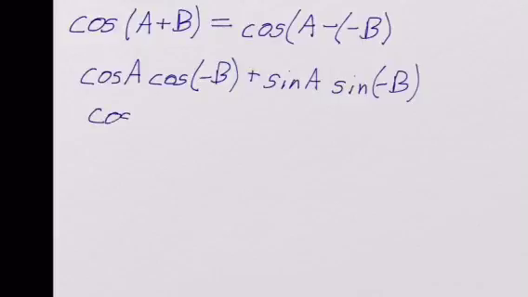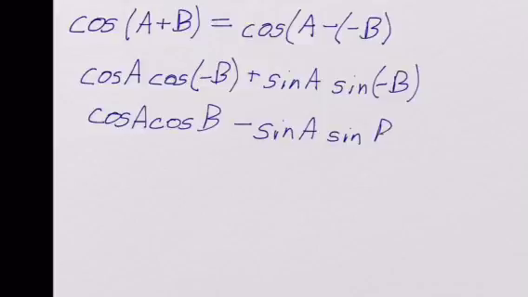Cosine of negative b is equal to cosine of b, so it's still cosine a cosine b. But then sine of negative b is going to be negative sine of b, so I'm going to bring that negative sign out front. So we get minus sine of a, sine of b. So that's our sum of angle identity for the cosine function.